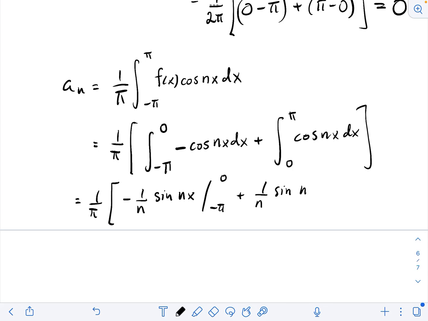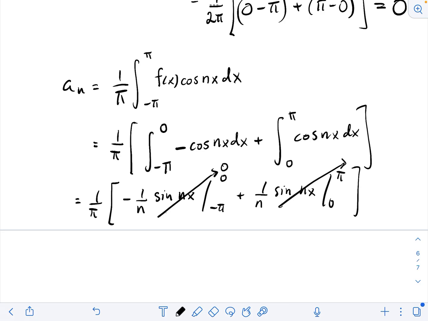Okay, but for integer n, well, first of all, sine of 0 is 0, and for integer n, sine of n times pi or sine of minus n times pi is always going to be 0, no matter what n is, as long as it's integer. And so that means all of this just vanishes, and so this is 0.